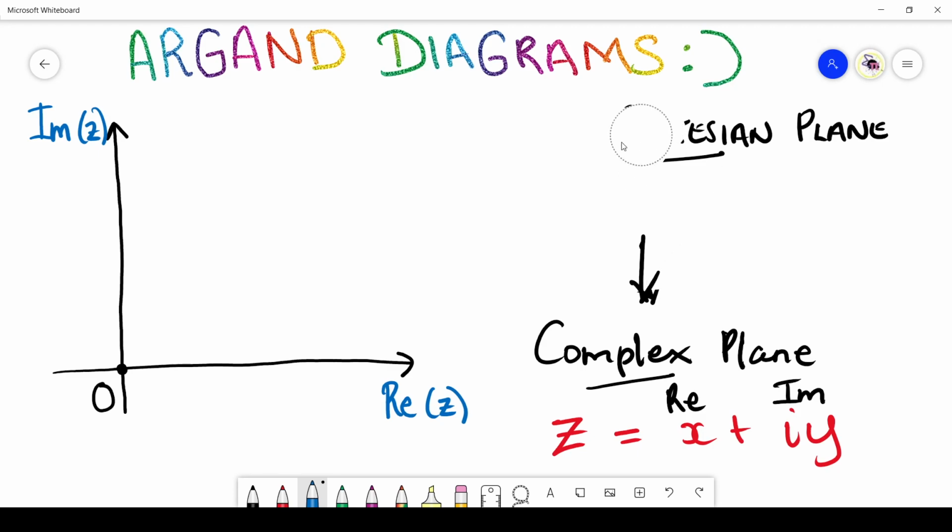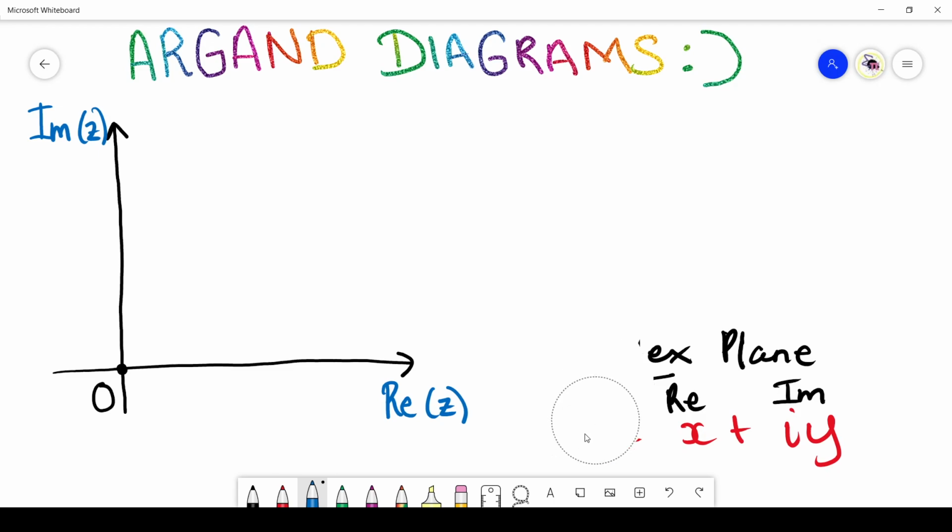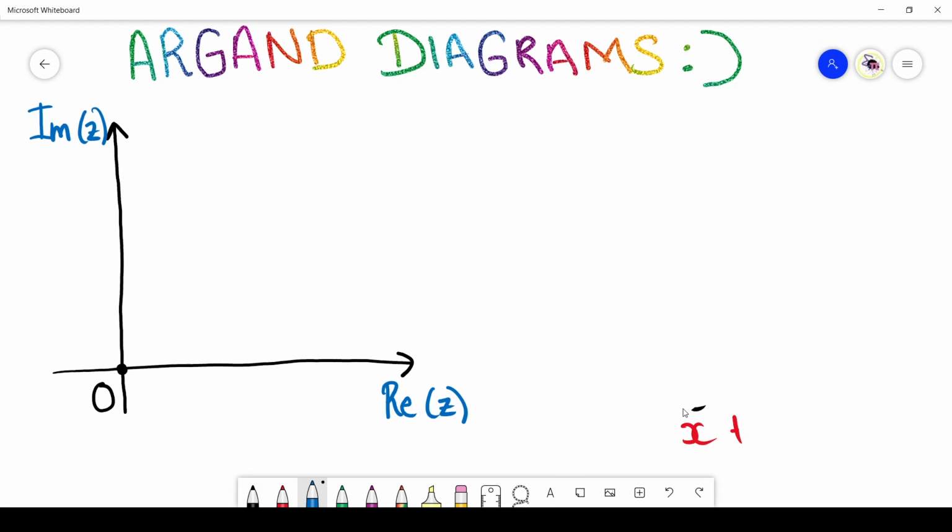Now, essentially, when you're using the Cartesian plane and you're drawing graphs, you have special names for them. You call it a straight line graph, or you call it a quadratic, etc. Now, when you're plotting complex numbers on the complex plane, these diagrams have a special name, and they are called, dun dun dun dun, Argand diagrams.